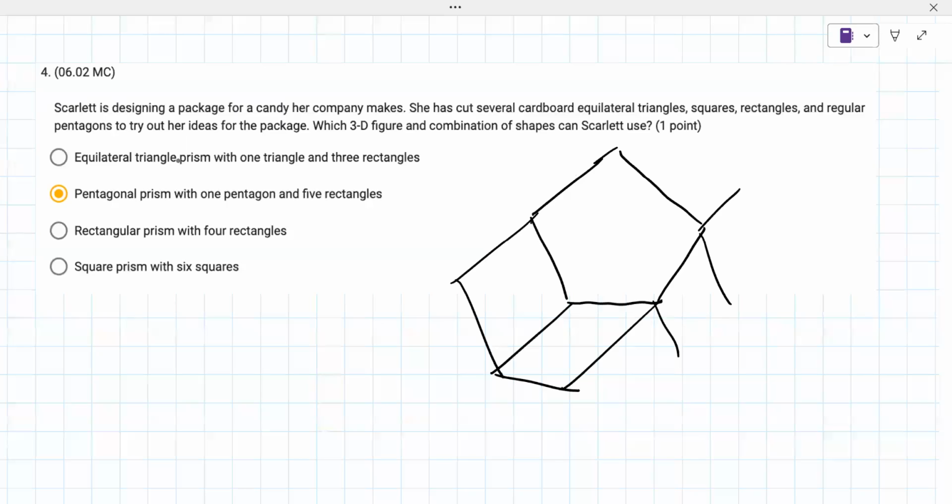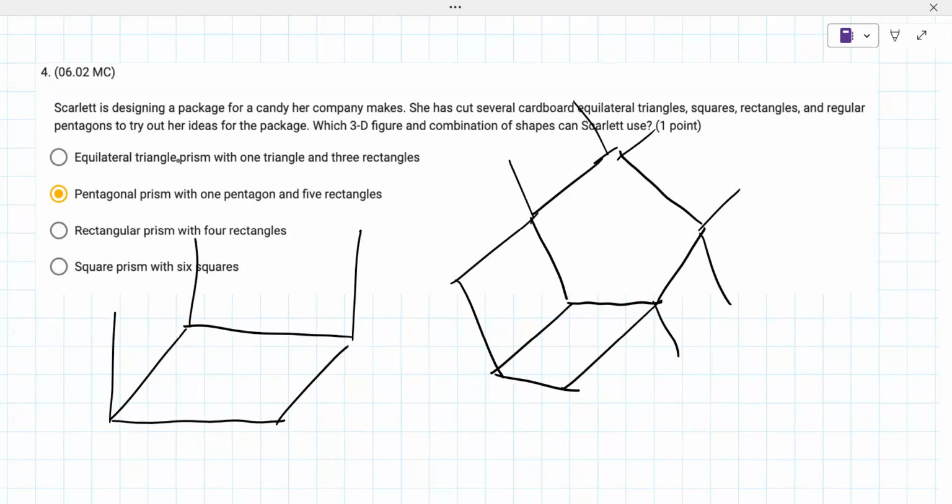So that makes sense because there's 5 rectangles there. Okay, so I can sort of go with that. A rectangular prism with four rectangles. That also seems right. Here's your rectangular prism, four rectangles like that.